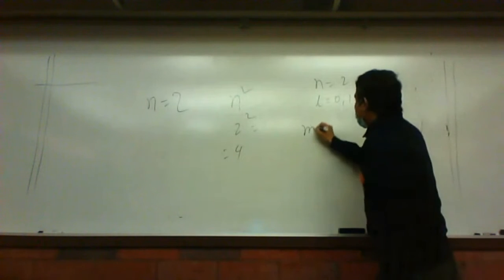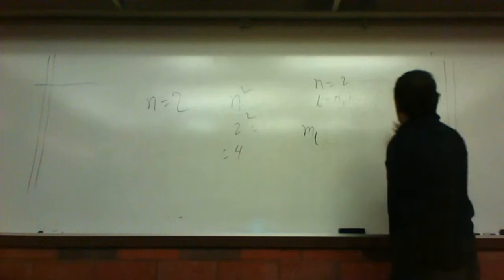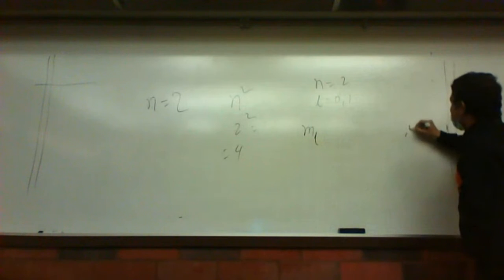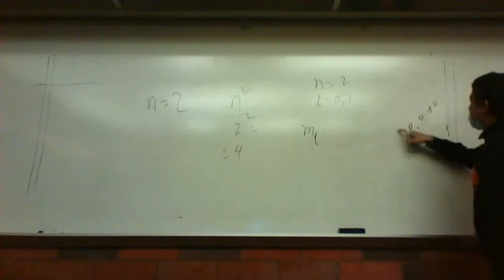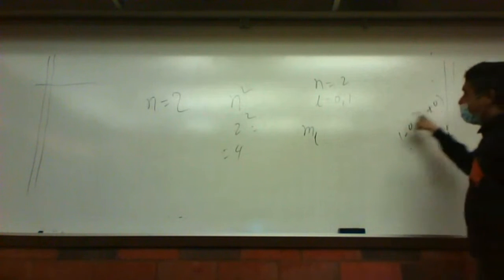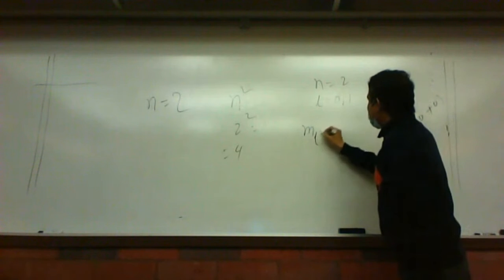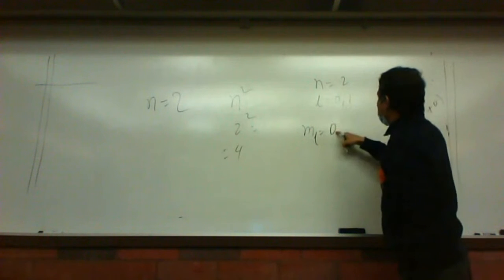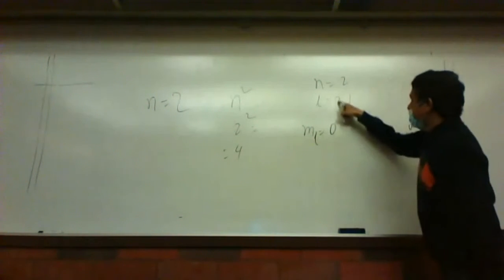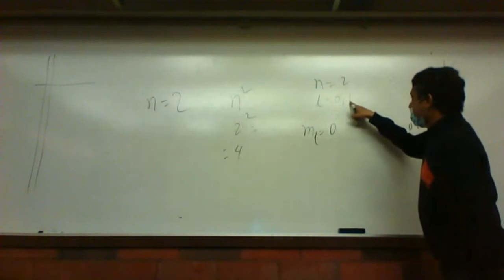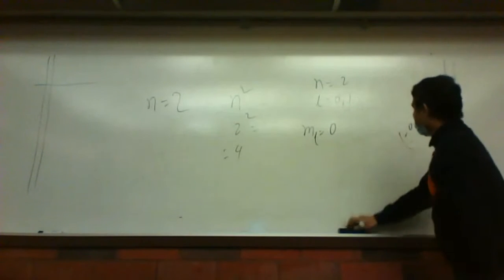Now write the ml value. For 0, it's minus 0, 0, plus 0, so this is the same thing. So the ml value for this one is only 0. Now this 0 is coming from this one. Now for this one we need to write the ml value.